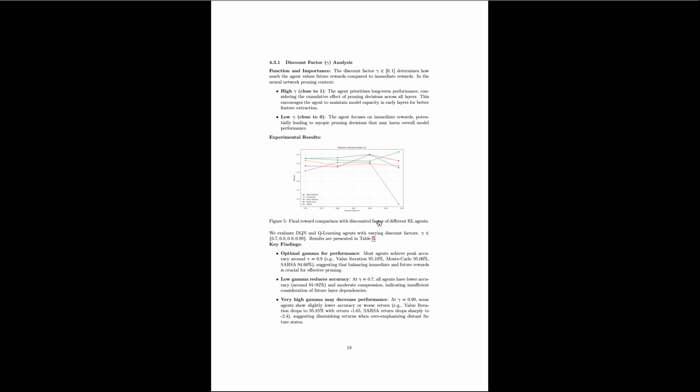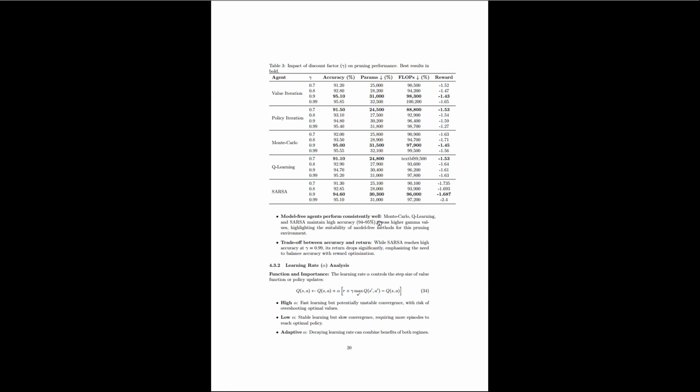Most agents achieve peak accuracy at gamma equal to 0.9, which suggests that balancing immediate and future reward is crucial for effective pruning. And this is the impact of discount factor on pruning performance.